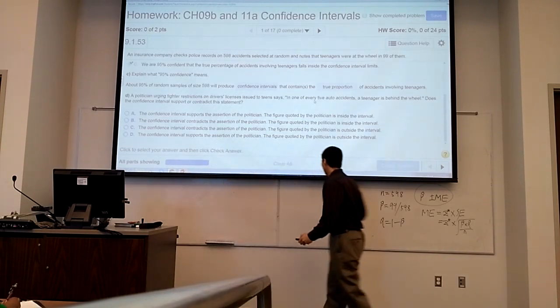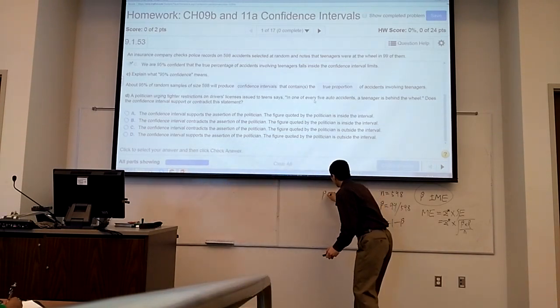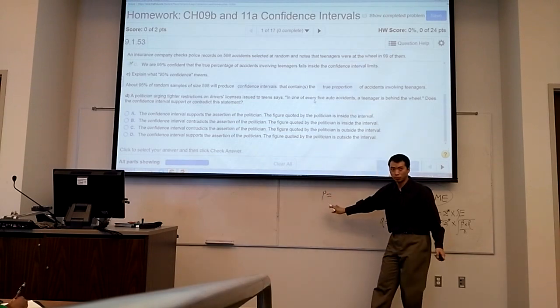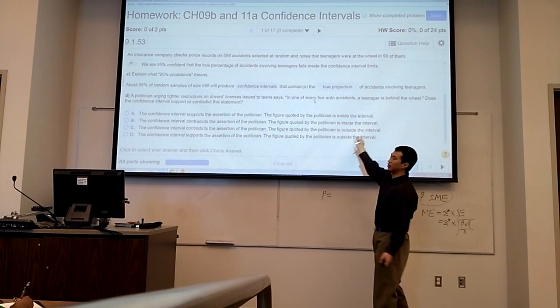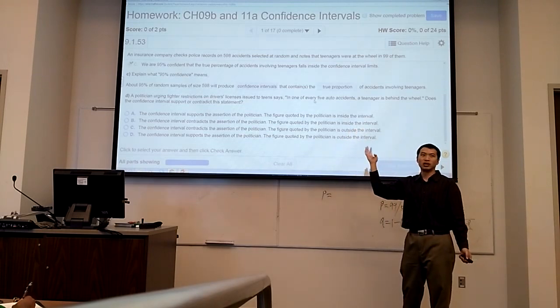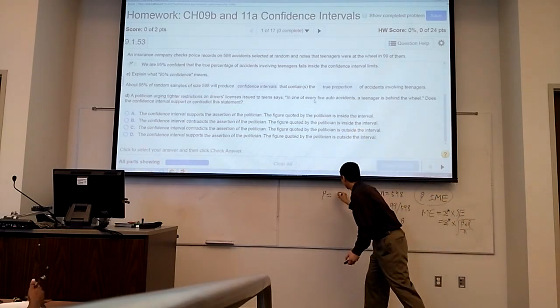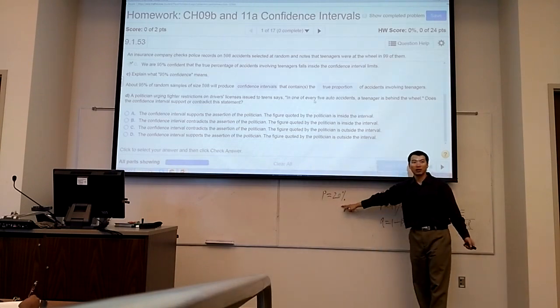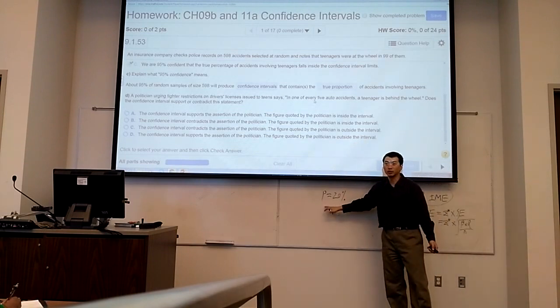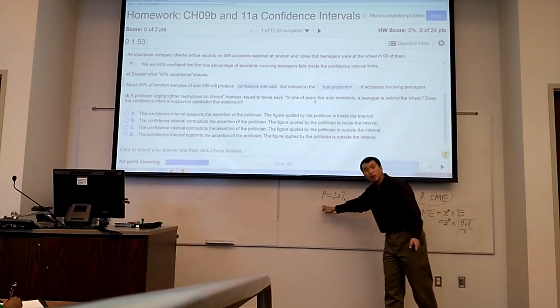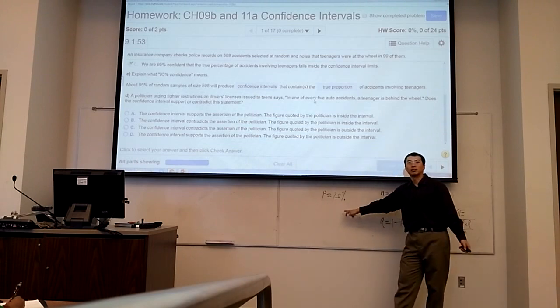His claim is that the true population proportion is 1 of every 5 accidents involving teenage drivers. He's talking about the population proportion. This is the population parameter.